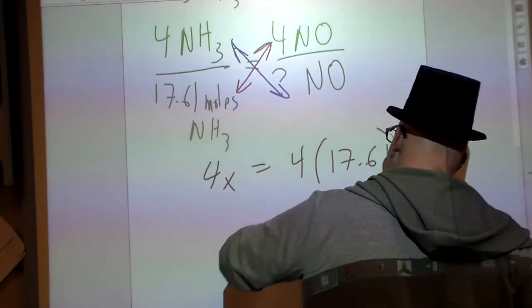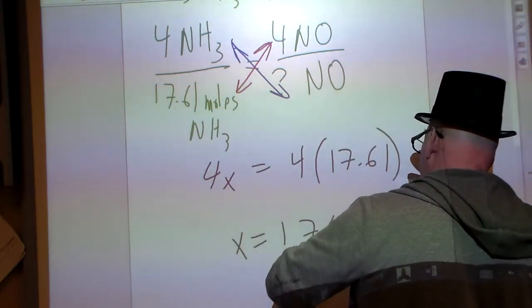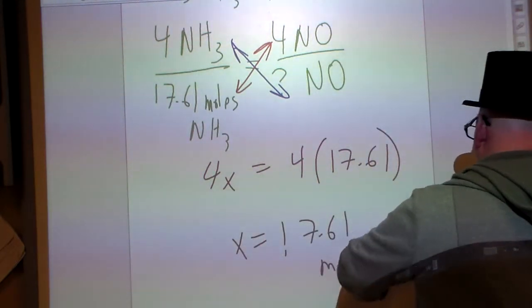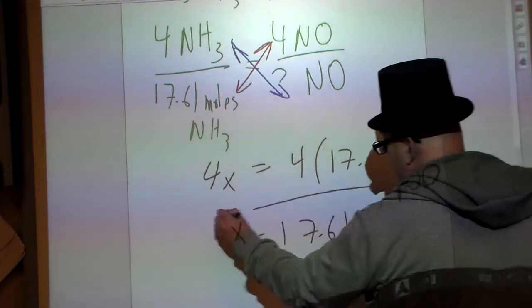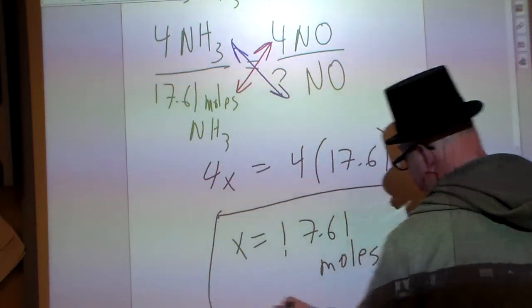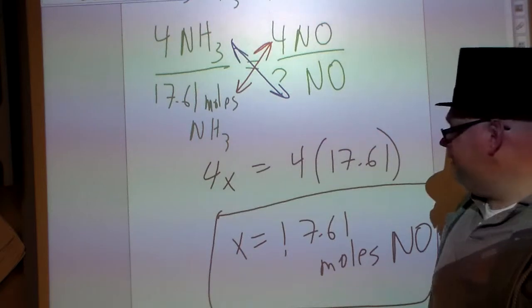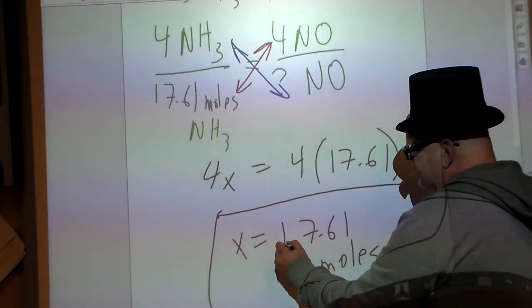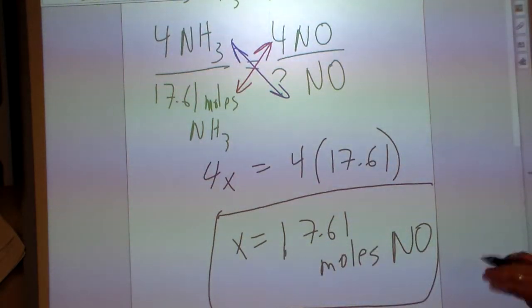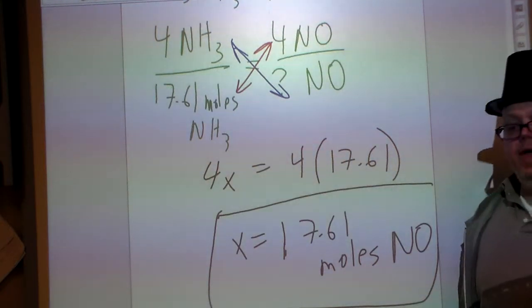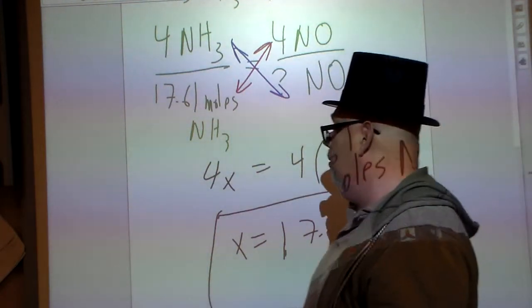So x is equal to 17.61 moles of NO. So, ladies and gentlemen, this is our final answer for the first one: x is equal to 17.61 moles of NO.